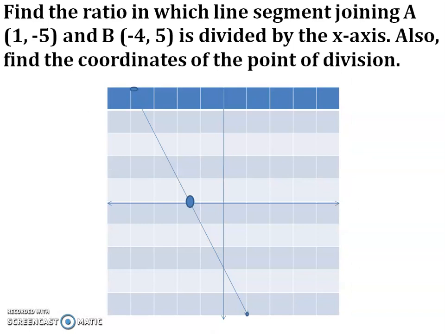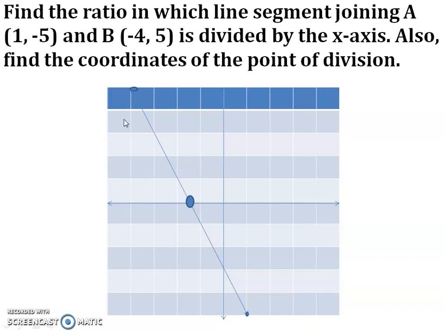Find the ratio in which line segment joining A (1, minus 5) and B (minus 4, 5) is divided by the x-axis. Also, find the coordinates of the point of division. Students, here you are given 2 points, that is A (1, minus 5) and B (minus 4, 5).